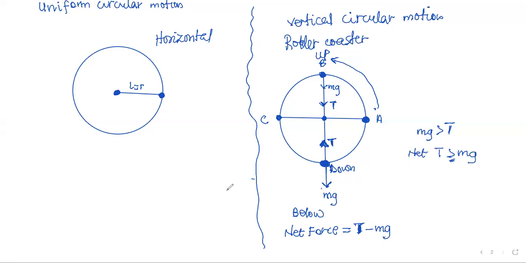So if the object could still stay within the circular path, then either T is greater than mg or both are equal. So the net force in this case must be the tension minus the weight of the object. Now it means that the net force always follows the direction of the larger force.